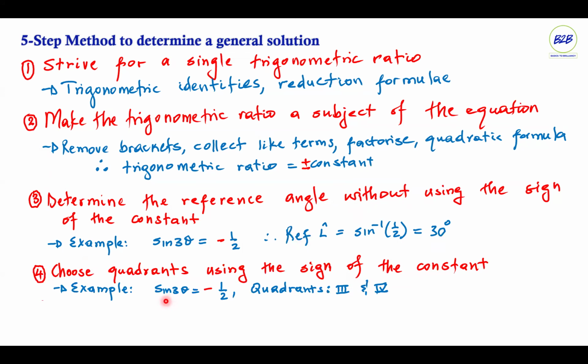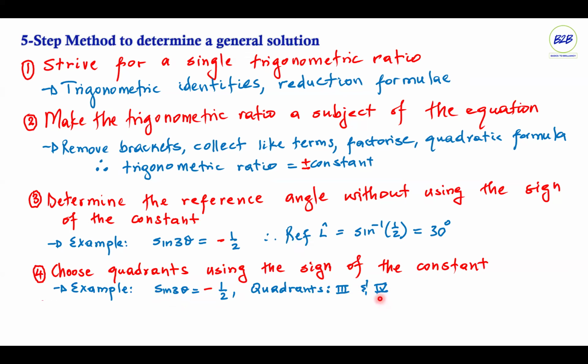So here's an example. Sine 3 theta is equal to negative 1 over 2. Since the half is negative, that means sine is also negative. Within our Cartesian plane, we discovered previously in episode 1 that sine is negative in the third and the fourth quadrant.